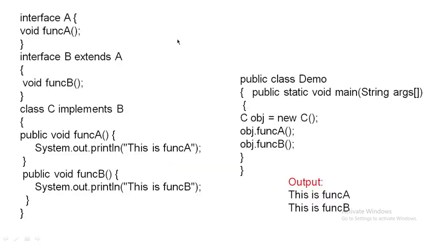Now, taking up this program: interface A contains an abstract method functionA, and interface B, which extends interface A, contains an abstract method functionB. So I have declared two interfaces, A and B, where B is the child interface of parent interface A. Now class C implements B. Here you should say object references rather than parent and child, since reference variables are being created.